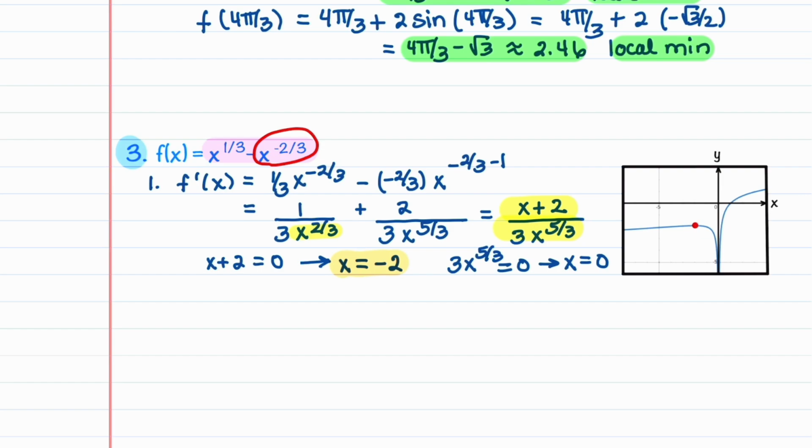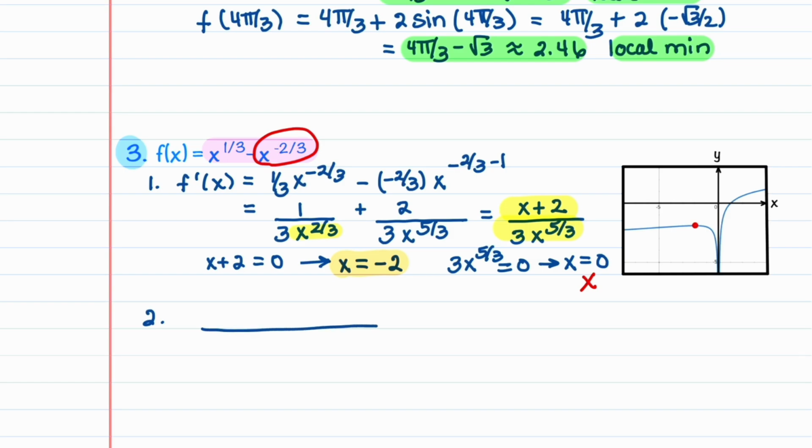So x is equal to 0 is not a critical value. It is always good, though, in our next step, step 2, to include this point on our number line because it can be a point where our function changes from increasing to decreasing or vice versa, although we know that we are not going to have a local max or min at that point.